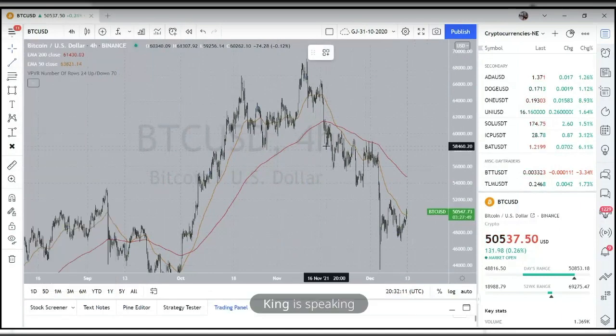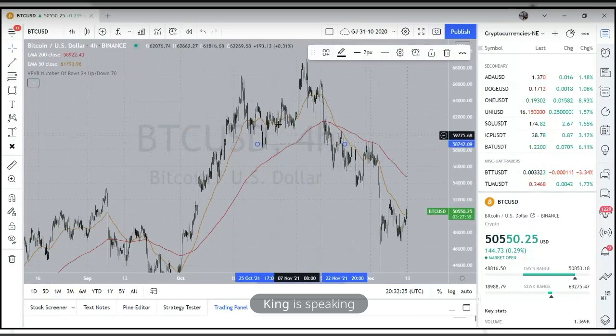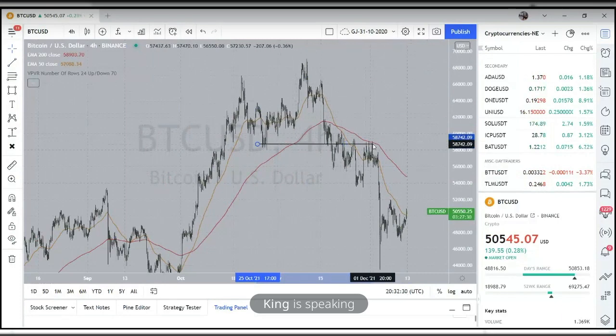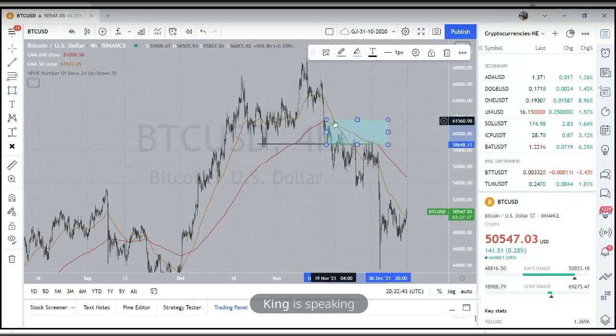Let me just mark out this level. For example, you thought the market was going to sell off from here. Let's say you saw the market structure break here, and you wanted to get in at a return of this level or somewhere around here, because if we're now in a downtrend, you expect these highs to hold, and you expect the top of this range to hold, and somewhere around here price is going to sell off.